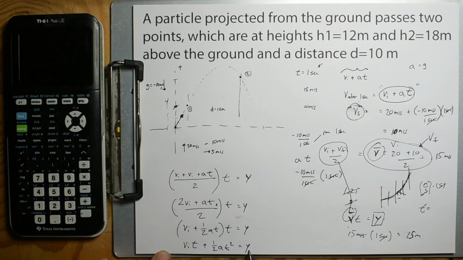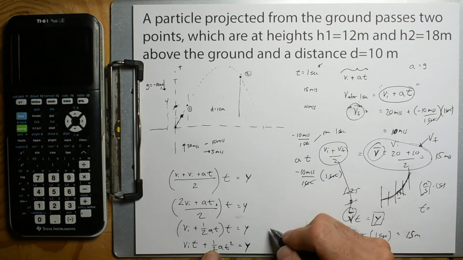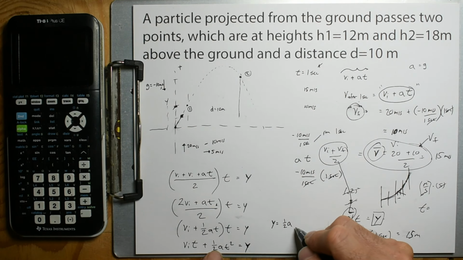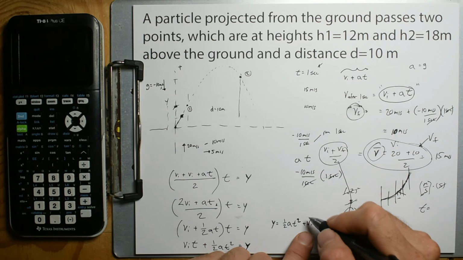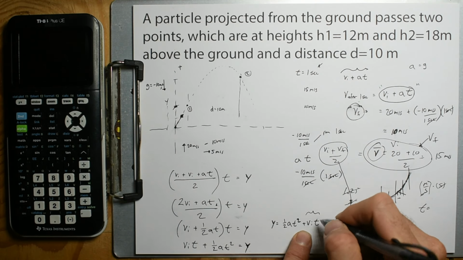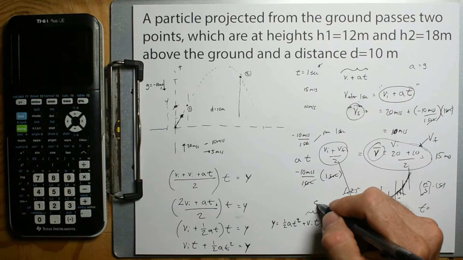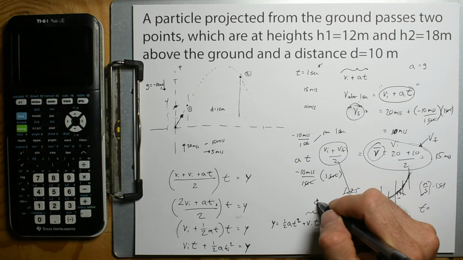And this is our kinematic equation. Depending on how you want to write it, I would rather write the acceleration out front. So I would say the position in the y direction is 1/2 the acceleration times t squared plus velocity initial times time. Just because when you do the integration method, this becomes like your constant of integration.